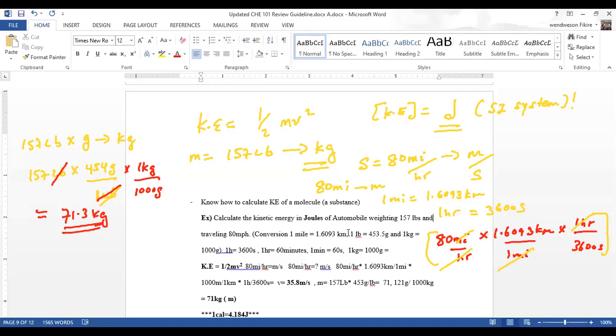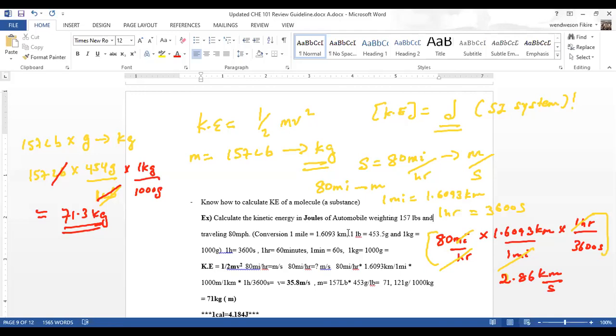I don't know about you, but I got 2.86 kilometers per second. So now we can do the kinetic energy.